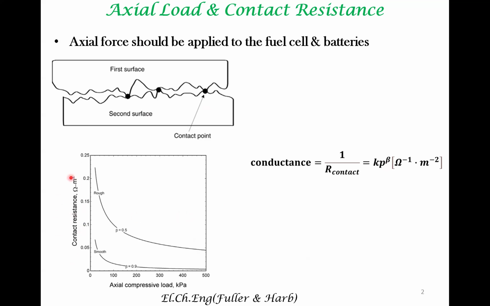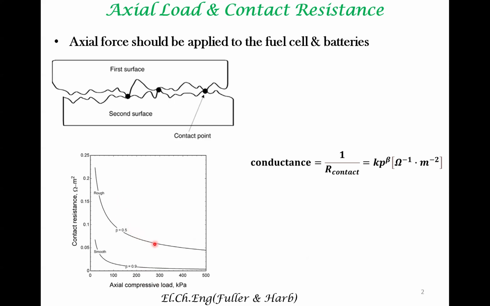On the y-axis, we have resistance. On the x-axis, we have a compressive load. So this is for a rough electrode, rough interface, and this is for a relatively smooth interface. Overall, the observation is that as you increase the compressive load, the resistance comes down.